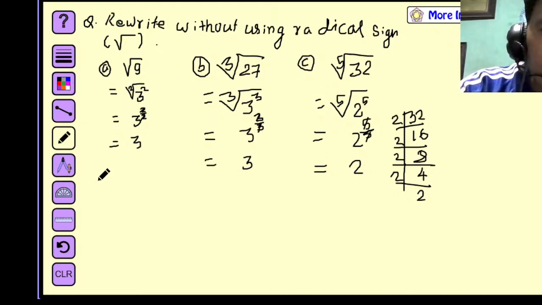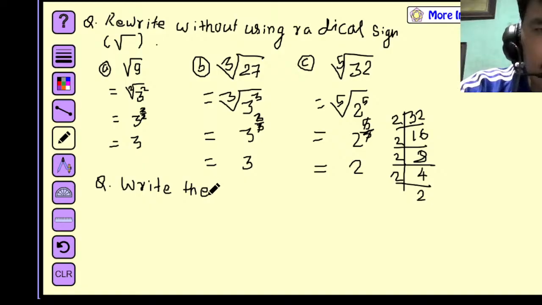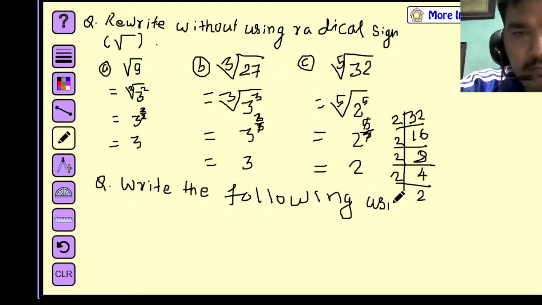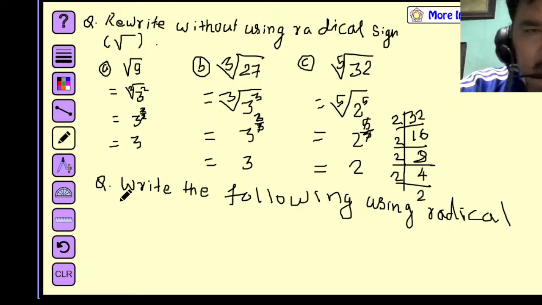And next question, look here, in laws of indices, just the opposite: write the following using radical symbol, okay?